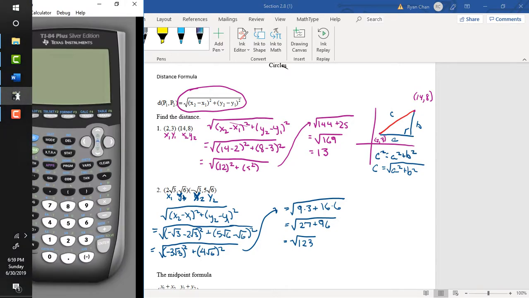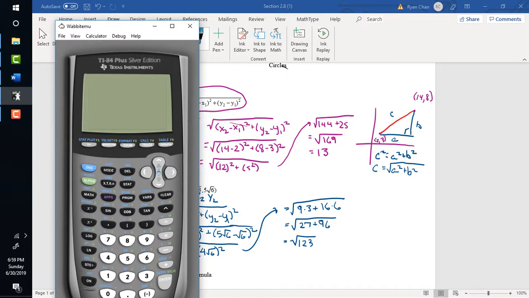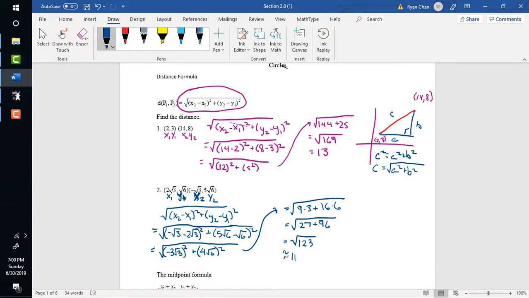So you can leave it like that, or you can do the following here: type it in your calculator, and you can say it's approximately 11.09. And that's it. Okay. So that is the distance right there.